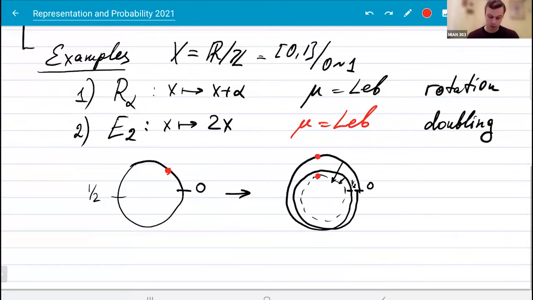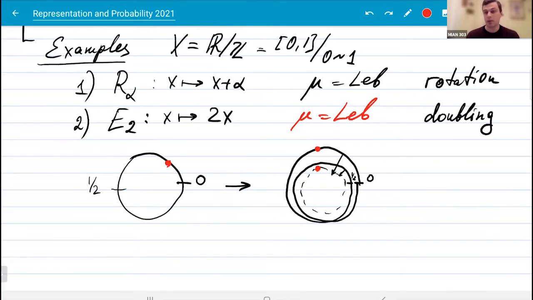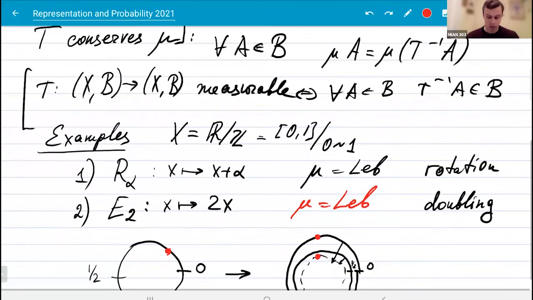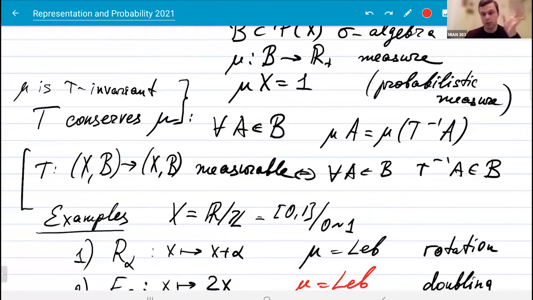Let us check. When you check this condition, there is a standard machinery: you can just check it for segments, because if this holds for segments, then you can say that it's also true for the union of segments, even for infinite unions, so countable unions, and so on.